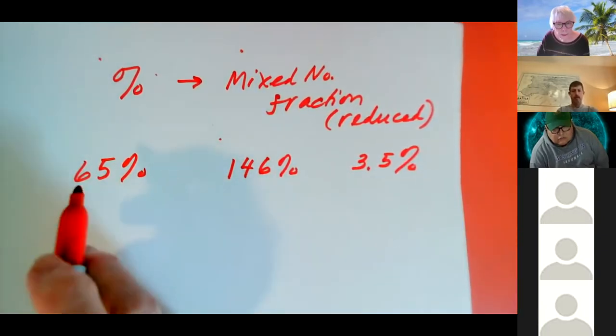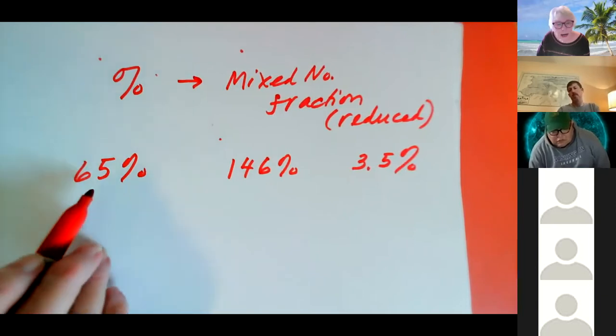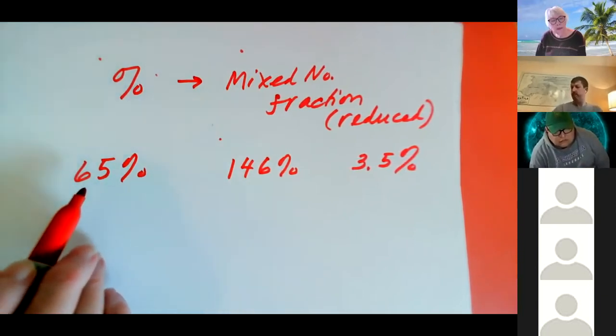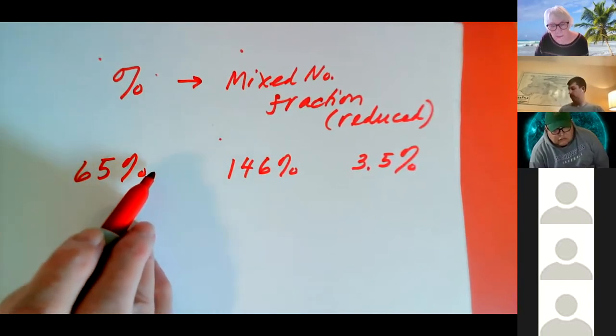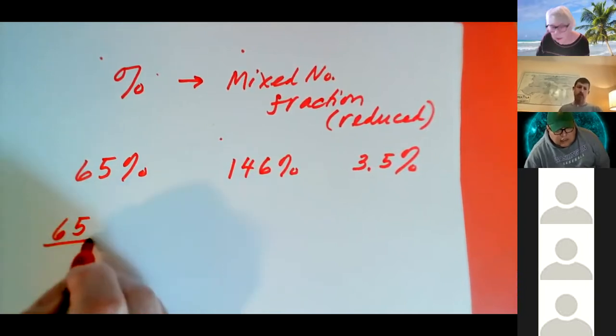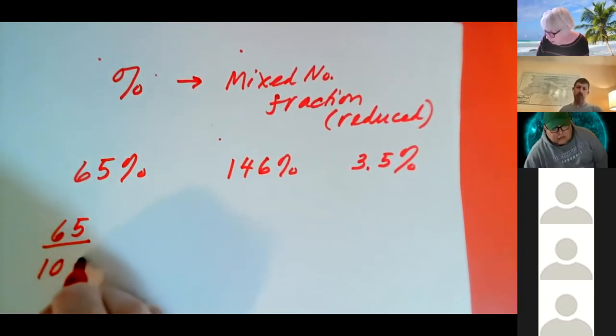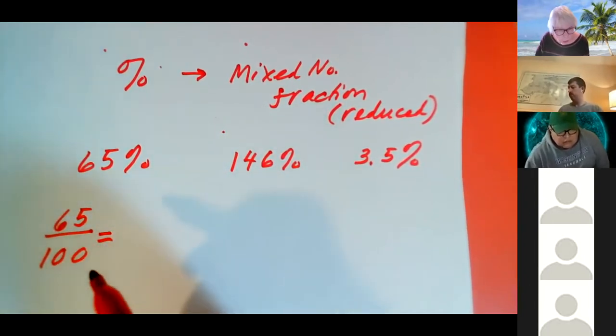Okay. This one. So this is making it a fraction. So some of these are pretty easy to do. 65% as a fraction would be 65 over 100. You're still left with the job of reducing it because they're not going to think that's right.